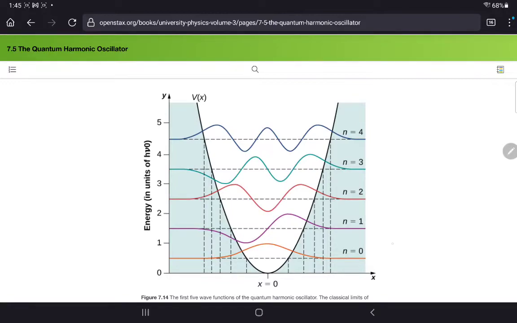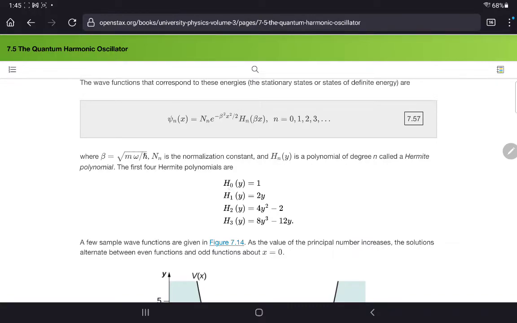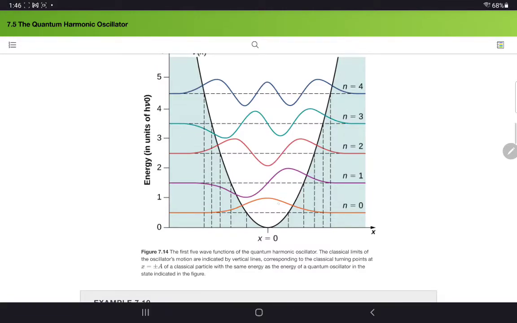You can see that this is the ground state wave function. If you go and read about the ground state, it's the product of the Hermite polynomial, which actually is a constant, multiplied by the Gaussian. And the Gaussian times a constant is this orange shape here, low down on the energy scale, because it's the n equals 0 energy level.